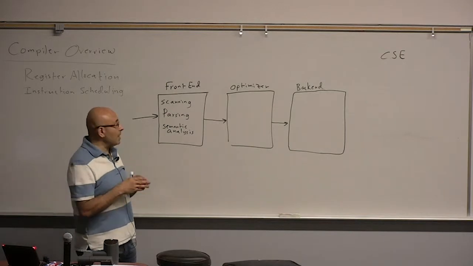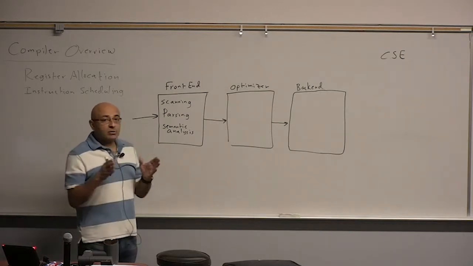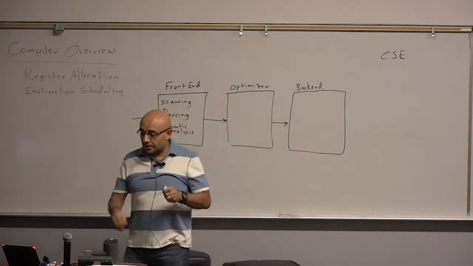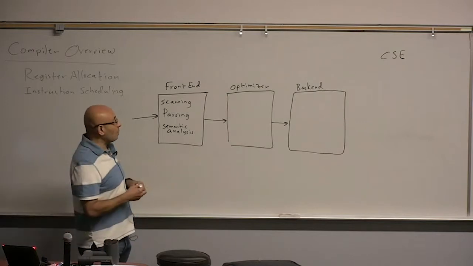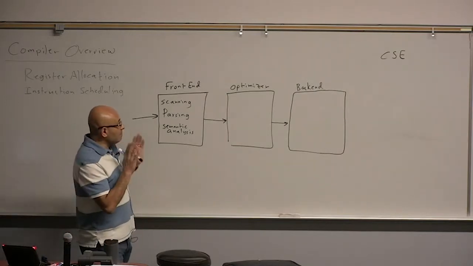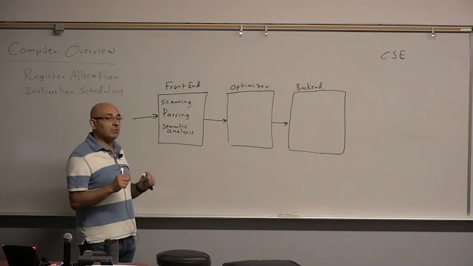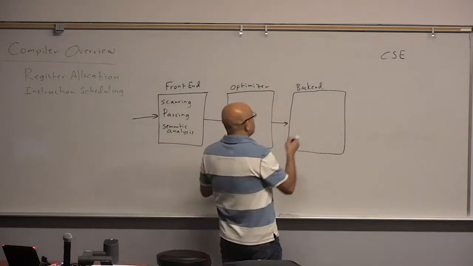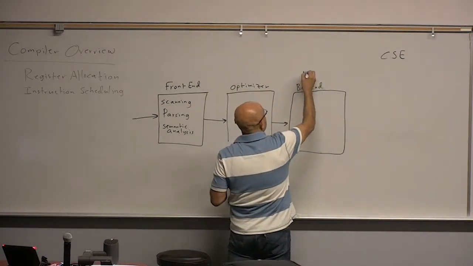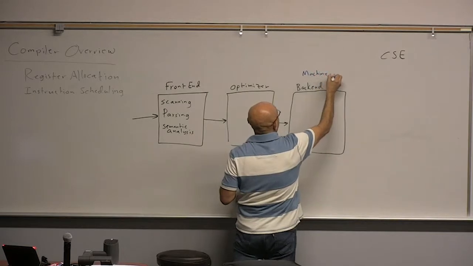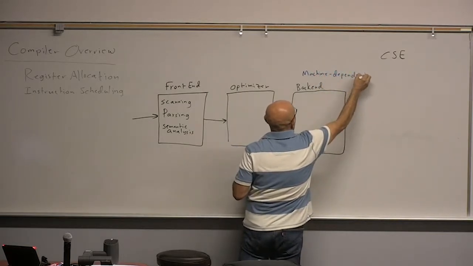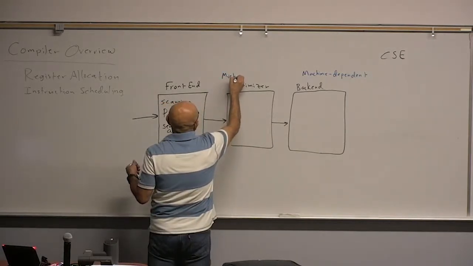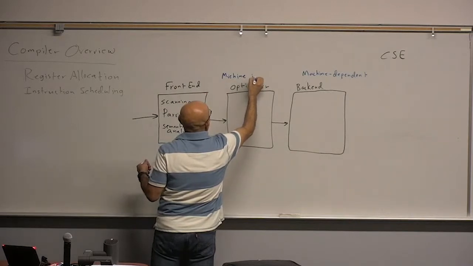Optimizations that try to maximize and optimize the utilization of the hardware are in the backend. So the backend is intended to have those low-level optimizations that make the best use of the available hardware, that optimize the code on a specific hardware. So in principle, the backend is machine dependent by nature, while the middle optimizer is supposed to be machine independent.